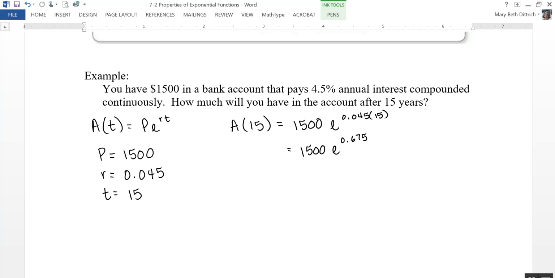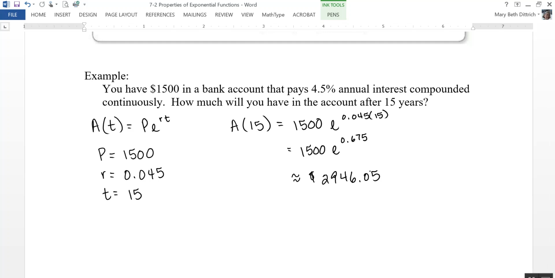So you're going to hit e and then raise it to the power of 0.675, hit enter, multiply by 1500, hit enter again, and the amount in the account is approximately $2,946.05.